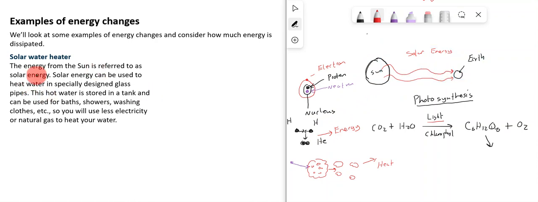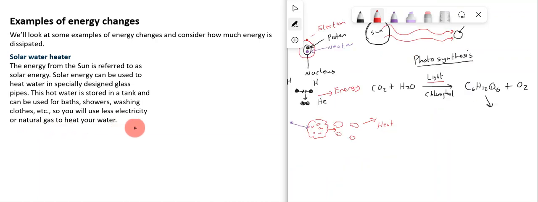So the energy from the sun is referred to as solar energy. So solar energy can be used to heat water in specially designed glass pipes. So this hot water is stored in a tank and can be used for baths, showers, washing clothes, etc. So you will use less electricity or natural gas to heat your water.